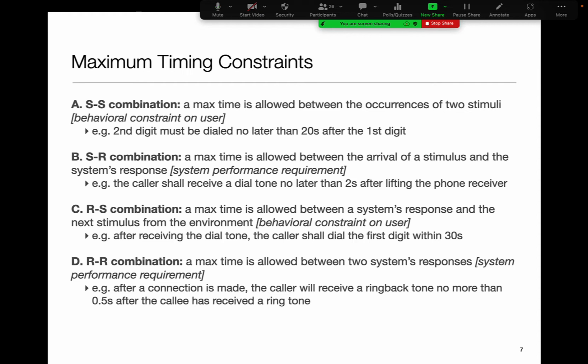So if you are designing the software for the telephone system, you would say, after I generated the dial tone, I'm not going to wait more than 30 seconds. If the user doesn't press a digit, then I'll assume there's nothing more.